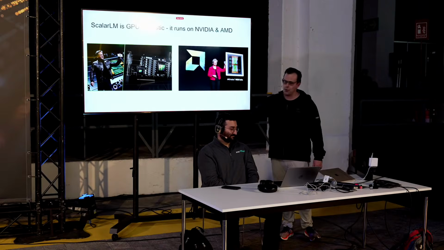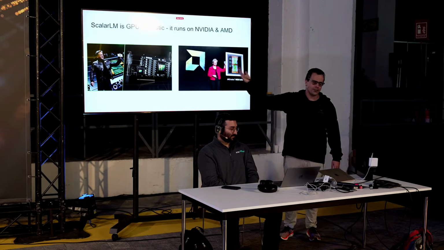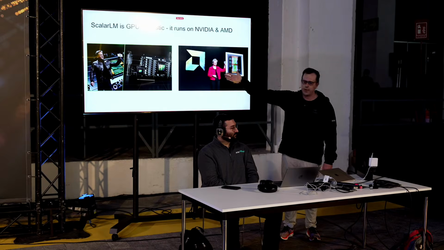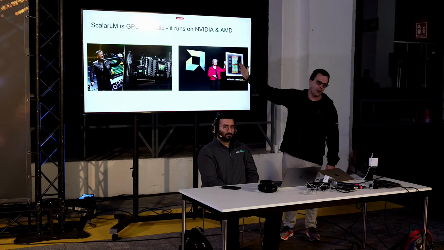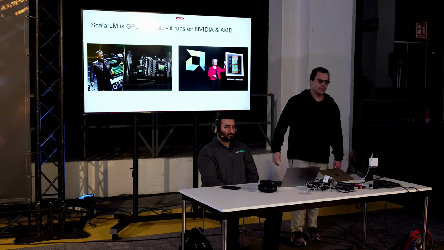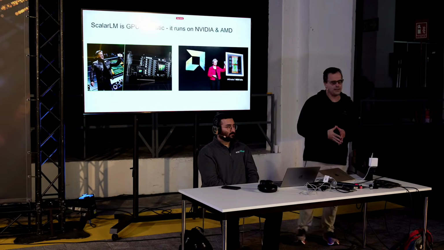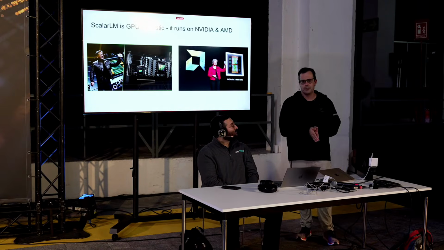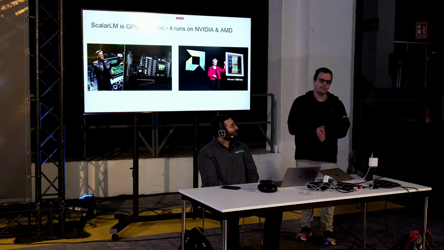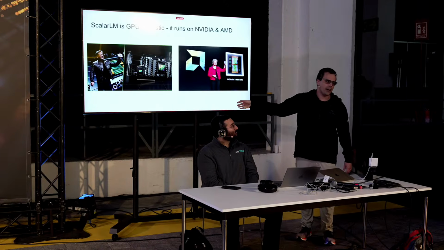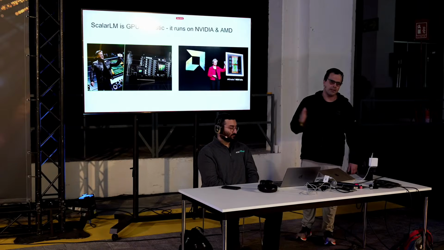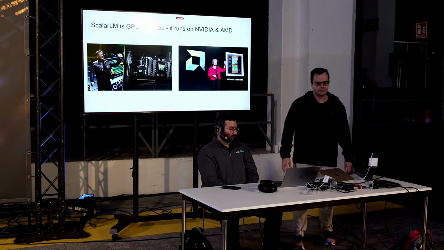So we run the workloads on the infrastructure that's already there, a ton of NVIDIA infrastructure, but we also have the ability to move it all over to AMD. We don't support everything. It takes a lot of work to support different accelerators, but the stack that we're going to talk about runs on both NVIDIA and AMD, and it's pretty easy to switch back and forth between them.